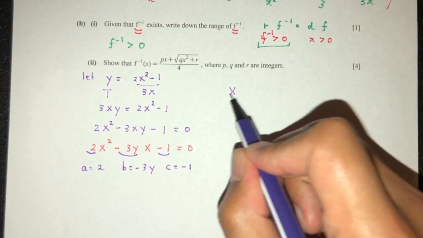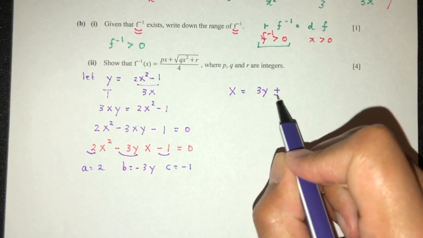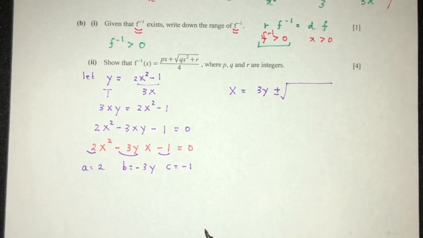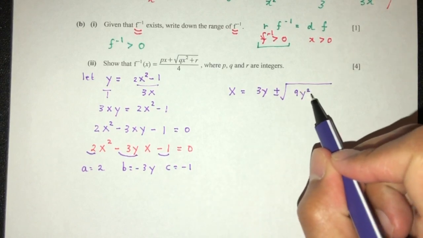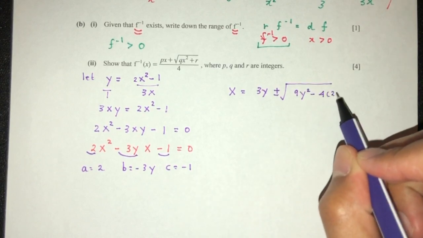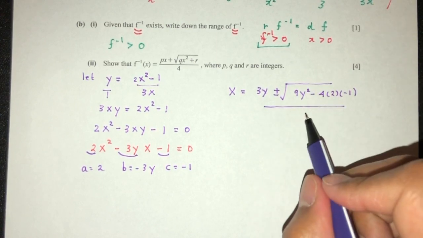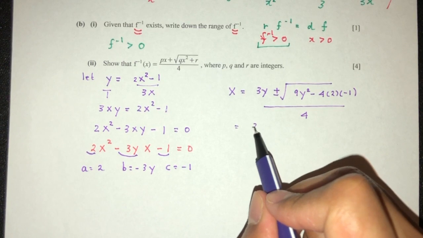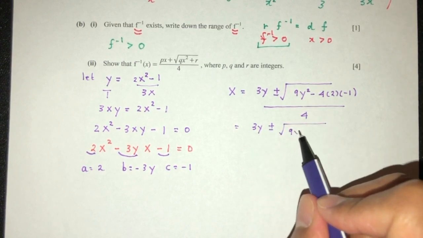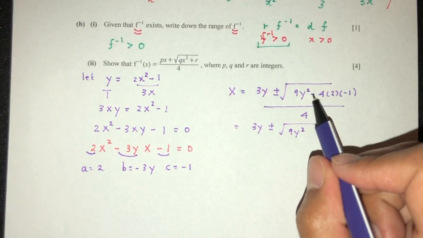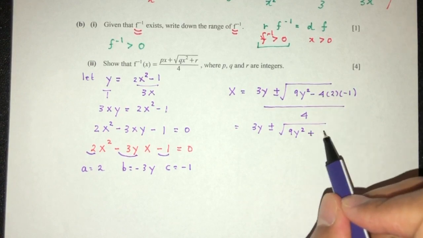So x is equal to minus b, which is 3y, plus minus the square root of b squared, that is 9y squared, minus 4 times a times c, divided by 2a, that is 2 times 2, which is 4. That will be 3y plus minus the square root of 9y squared, and here we have minus 4 times 2 times minus 1, which is plus 8.